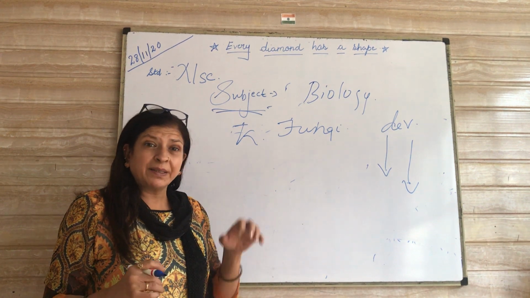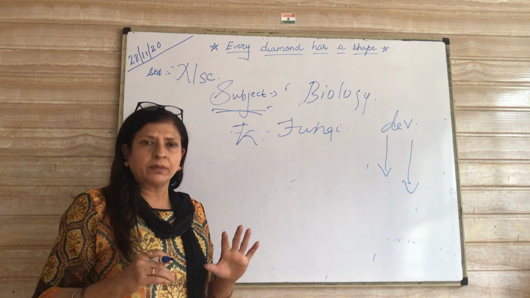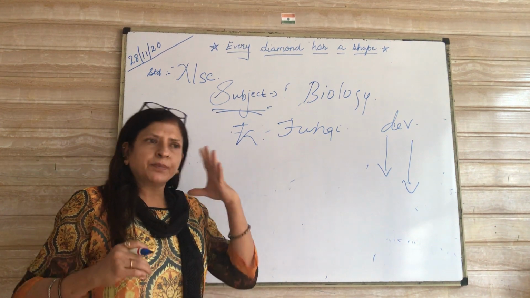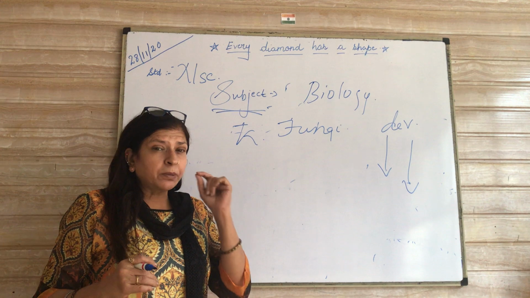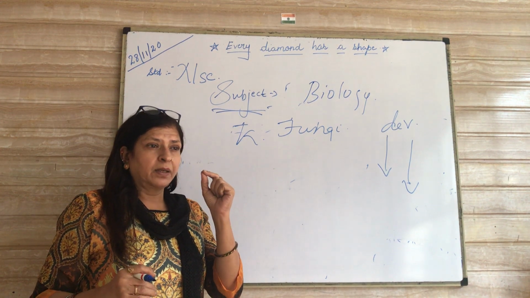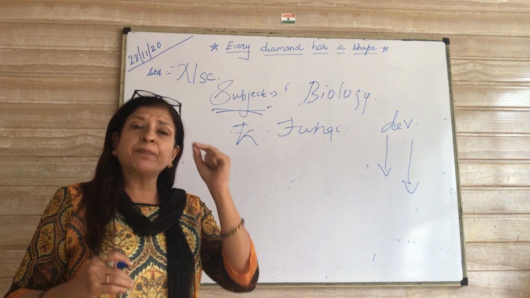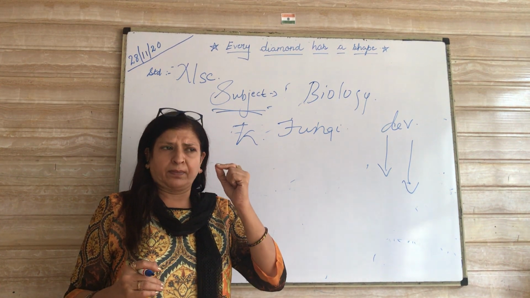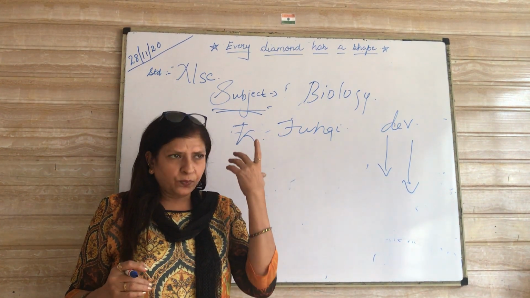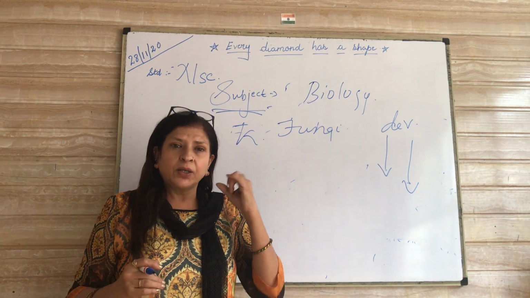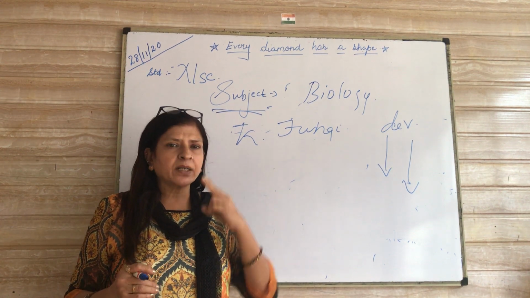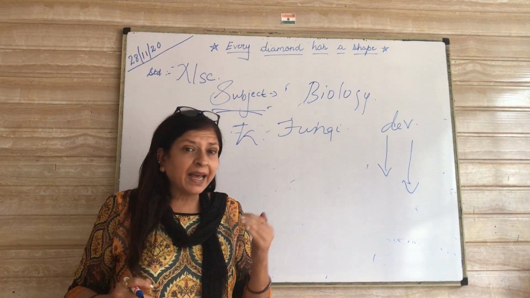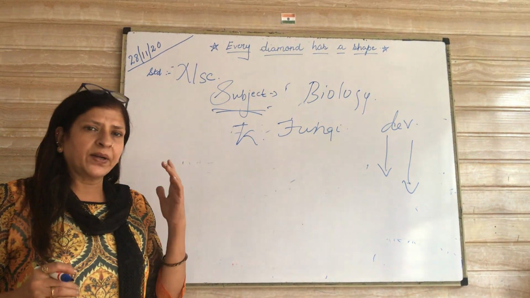At the bottom doesn't mean that they are at the bottom. It means that they are the most developed. I told you that Animalia is the most developed kingdom. Why so? Because animals have a nervous system and sense organs. Do plants have? No. Do fungi have? No. Right?